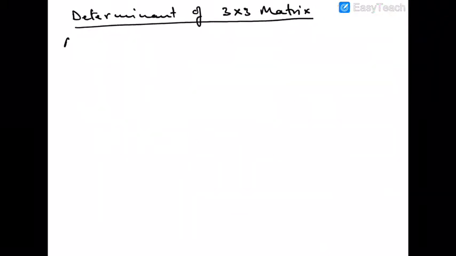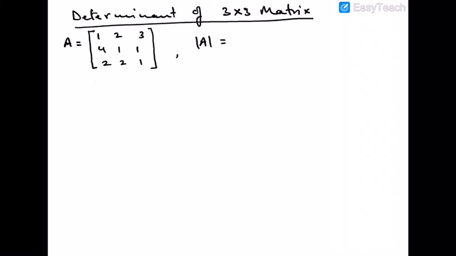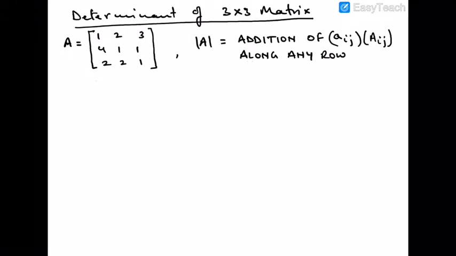Now let's find out the determinant of A, that is 1, 2, 3, 4, 1, 1, 2, 2, 1. So the determinant of A can be found out by adding the product of Aij and the cofactor of Aij, that is capital Aij, along any row or any column, where Aij is an element in the ith row and jth column and capital Aij is the cofactor of that element.